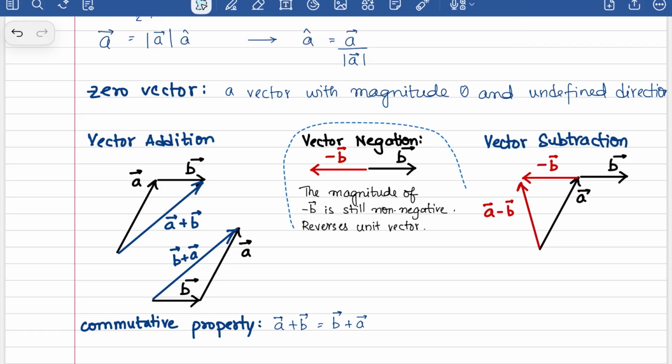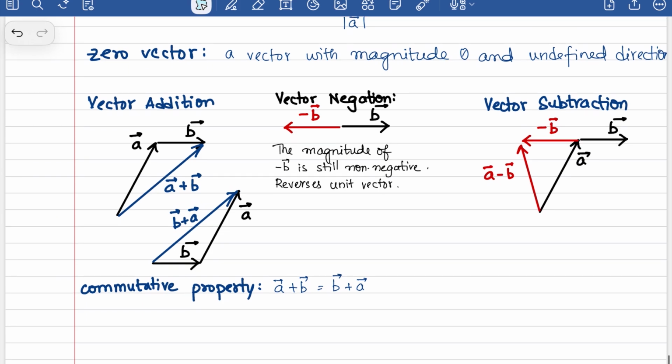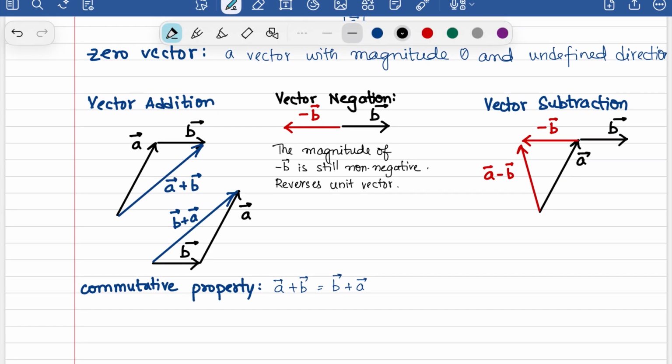Okay. This here is some specifics about the vector operations. Now we can just list out some of the properties. The associative property. Try to recall what this is.